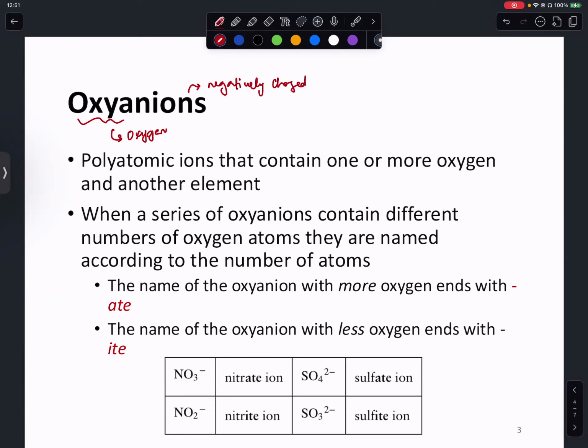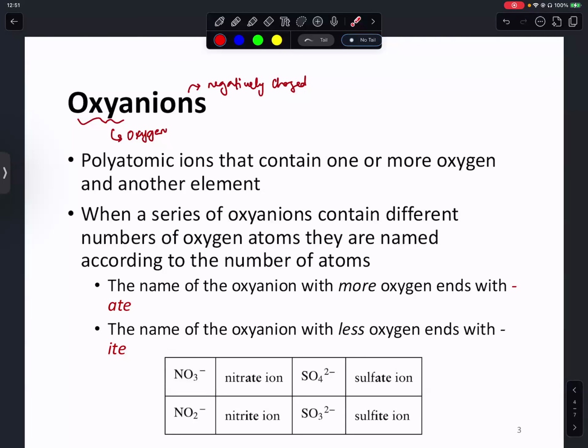Polyatomic oxyanions contain one or more oxygens in addition to another element. Oftentimes, these oxyanions will form a series, and it's sometimes tricky to name the oxyanions in the series if you don't have rules.